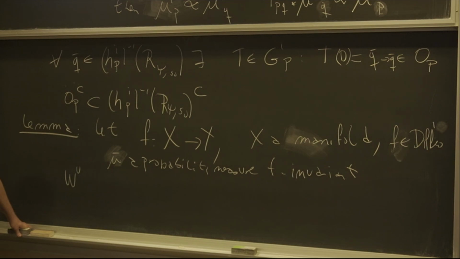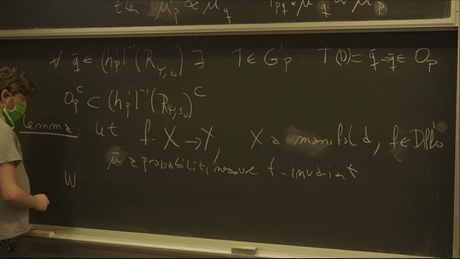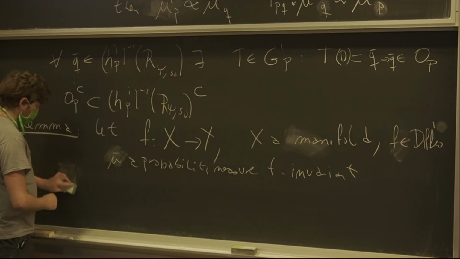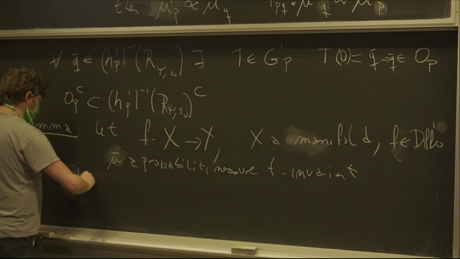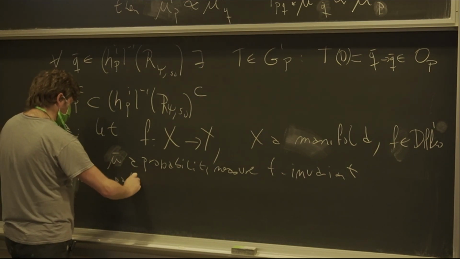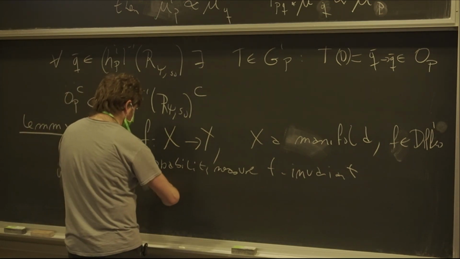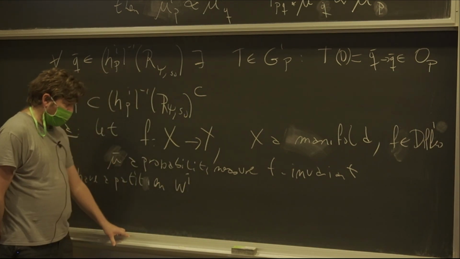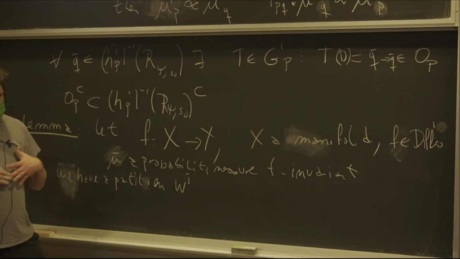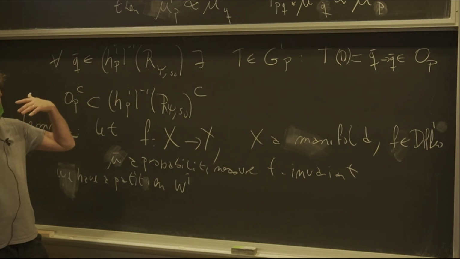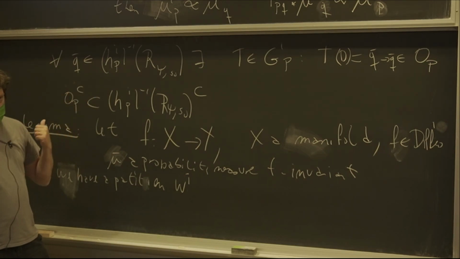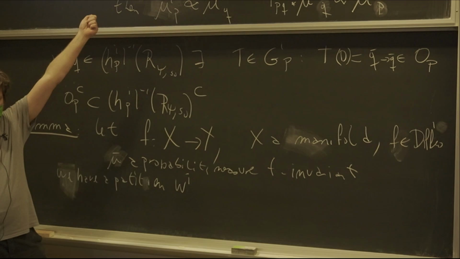And I assume, yes, that W, so that we have a partition Wi, which is generated in the form we had in the lemma, showing that there are conditional measures on these full partitions.